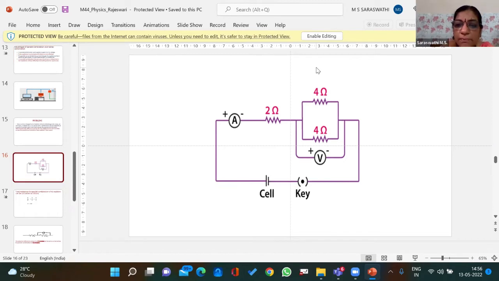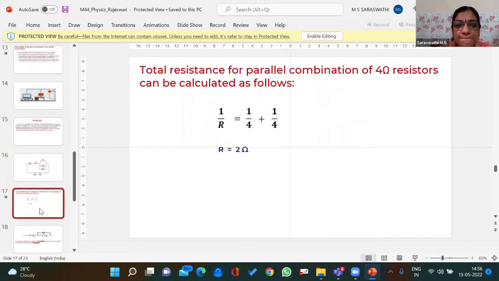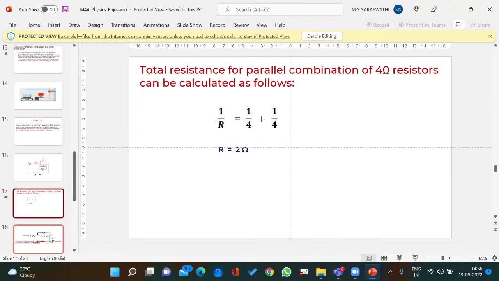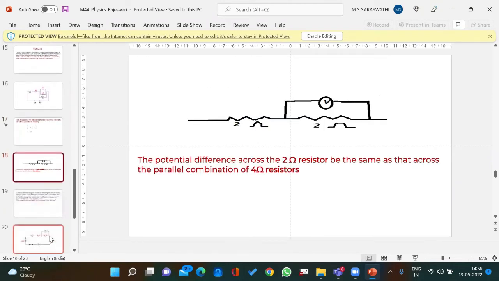So 1 by 4 plus 1 by 4. These two are parallel to each other. So 1 by 4 plus 1 by 4 will give you 2 by 4. So this combination is also going to give you 2 ohms. So 2 plus 2 will give you 4. Correct? Yes, ma'am.